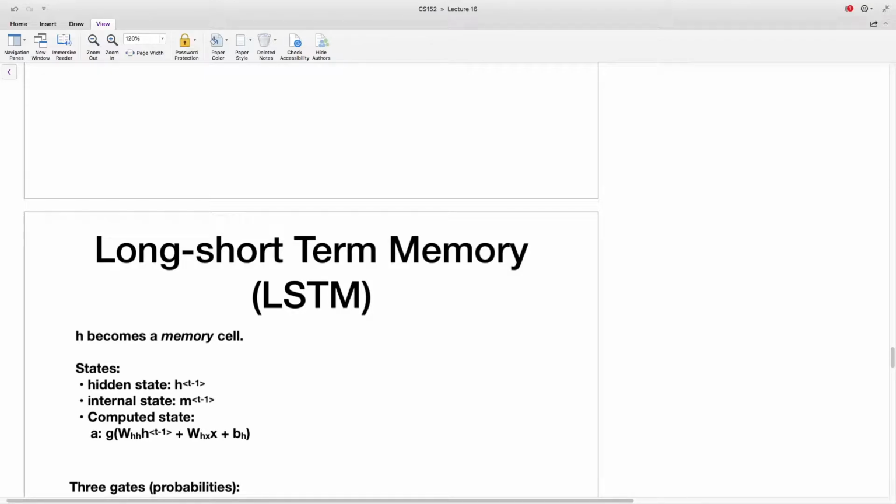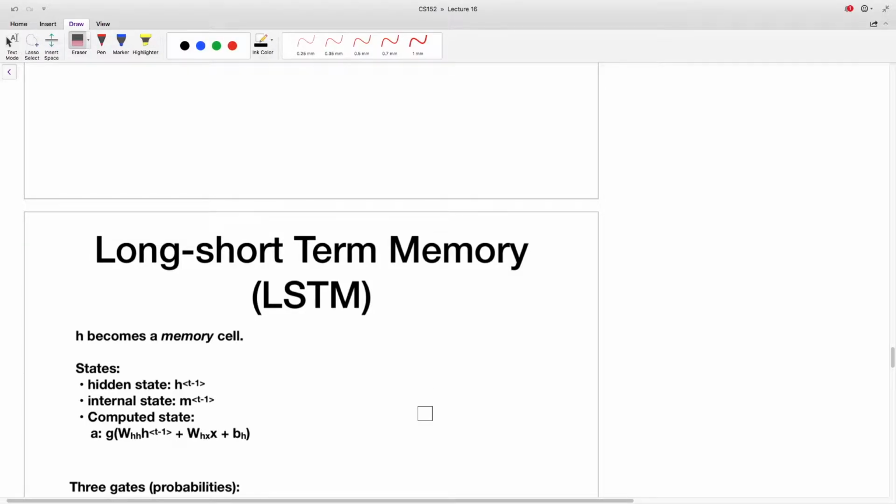It's really one and the same thing. It allows me to pass information from a much earlier time step to a later time step, similar to how in a ResNet we could pass information from early in the network to later in the network unchanged. And the flip side of that is gradients can easily propagate backward, which means we can learn it.